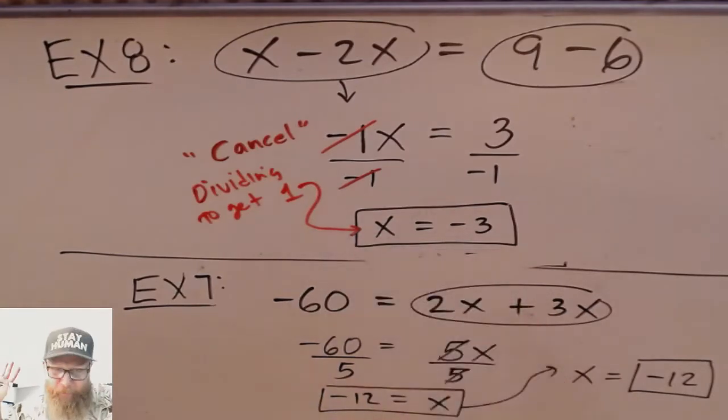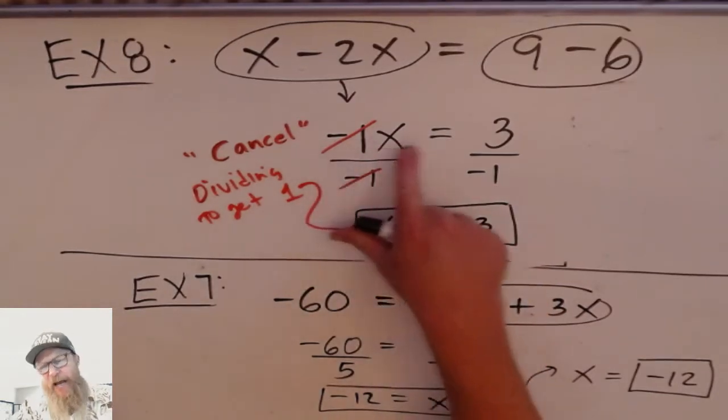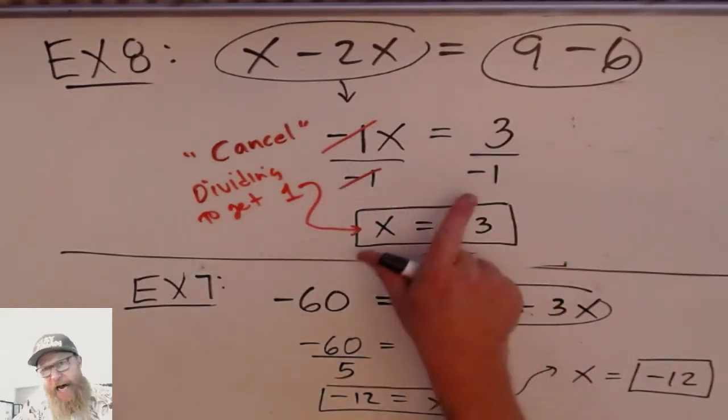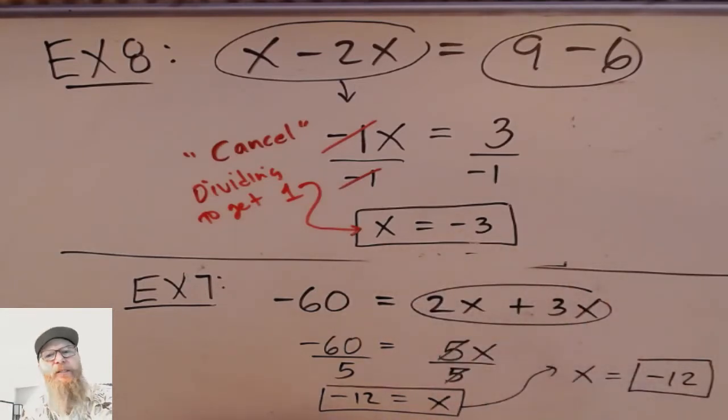I'm not going to write the 1. You all know that it's there. All righty. This is also known as the opposite. The opposite of x is 3. Well, then you divide and you get the opposite of 3, which is negative 3. So the solution is negative 3.